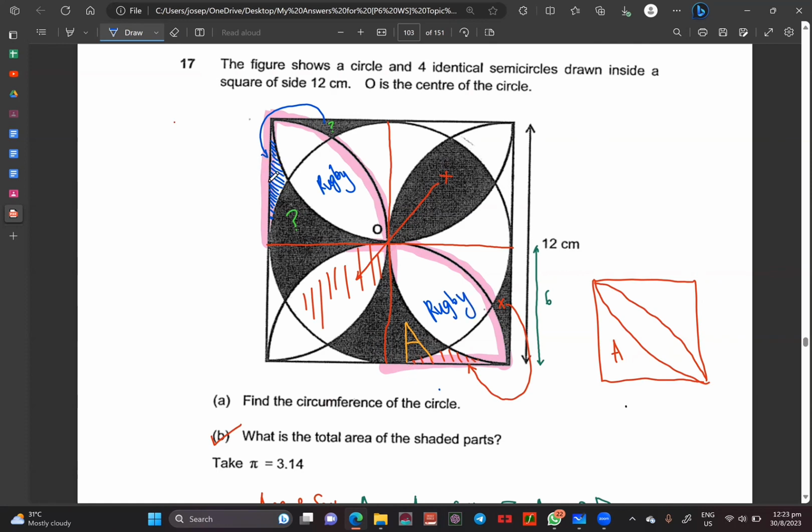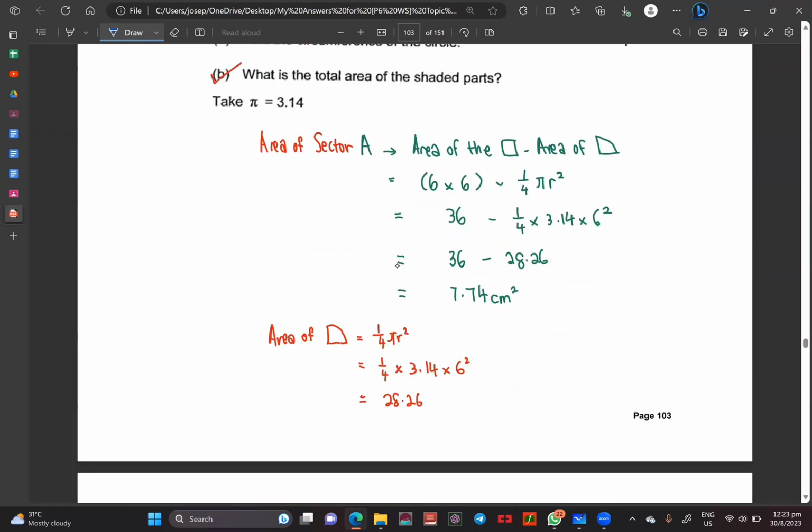Isn't this also sector A? So that's how I'm able to say that these two, let's call that sector B, is the same as sector A. So I'm going to say that the area of sector B is equal to 7.74 centimeters squared.